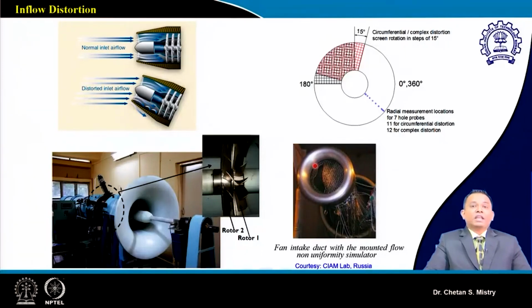Basically, in the actual engine, they have done their measurement of how the total pressure varies, and based on those results, they have generated this artificial distortion. So you can understand how people are exploring the possibilities for studying distortion screens.